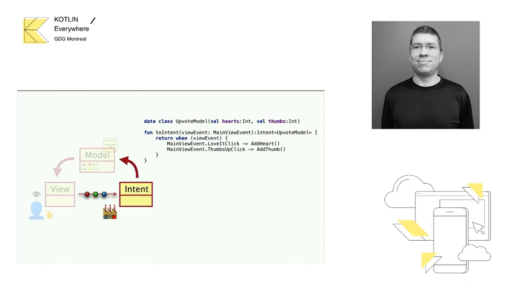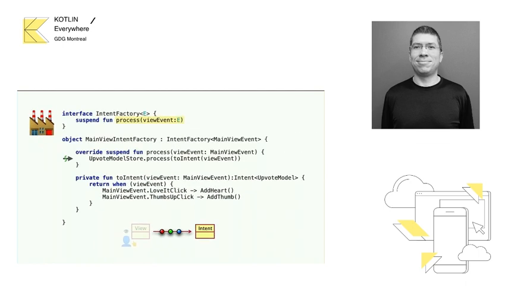It also enforces the fact that if somebody comes in and adds new events, you're going to have the compiler yelling at you effectively until you fix that and have the whole propagation chain built. Cool. So given all this, here is what our intent factory is going to look like. You recognize the toIntent function at the bottom there, and then we have a process function.